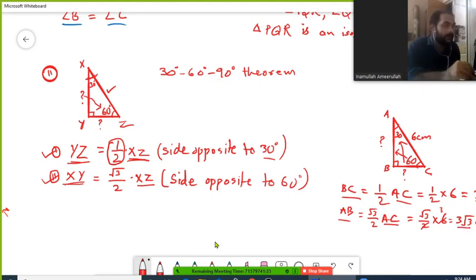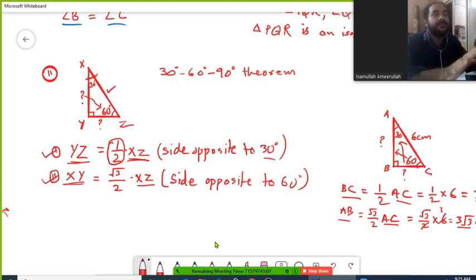Now, as I told you, in the 30, 60, 90 theorem, one angle is of 90 degrees, so we can use the Pythagoras theorem also, right? So in order to use the Pythagoras theorem, what we require, and what we can do, and what we are doing by using the 30, 60, 90 theorem.